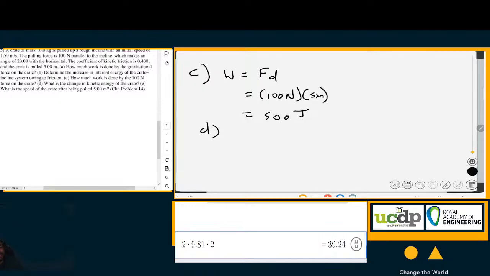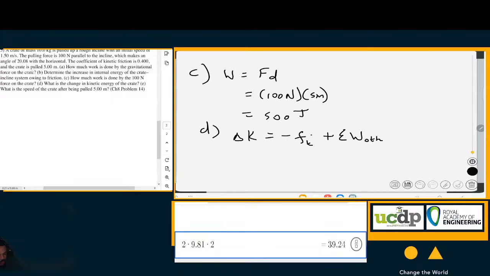D. What is the change in the kinetic energy? Okay, so the change in the kinetic energy is equal to the negative of the change in the internal energy, plus the sum of the work done by other forces.